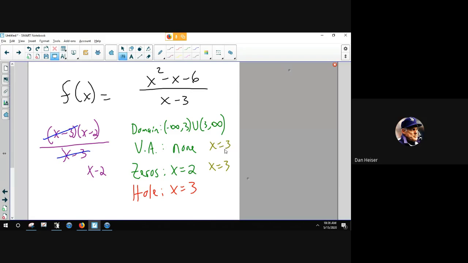Here's a solution to the equation, but we can't have that value. Even though it's a solution to the equation, we can't have the value. See, the problem here: we have an answer, we have a root, we have a 0, a solution that is also an asymptote. We can't have that.